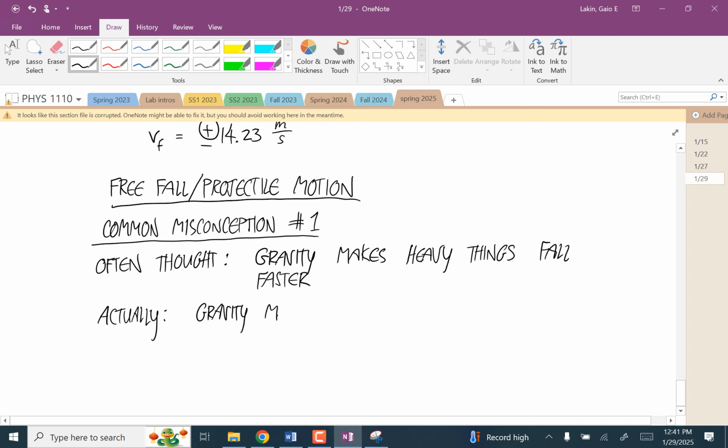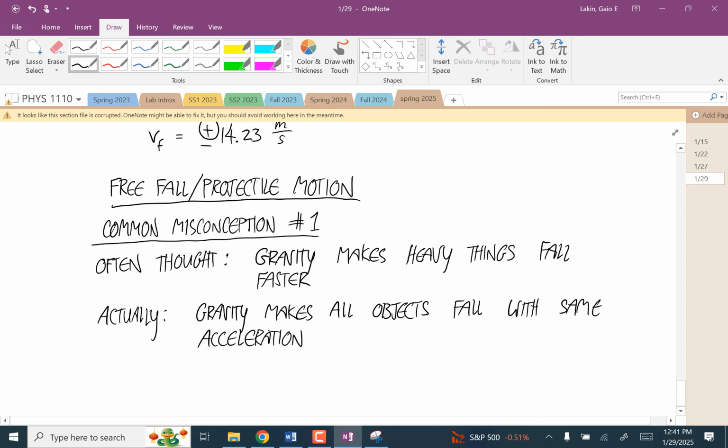So gravity makes all objects fall with the same acceleration. And by the way, that acceleration on the surface of the Earth is 9.81 meters per second squared down.